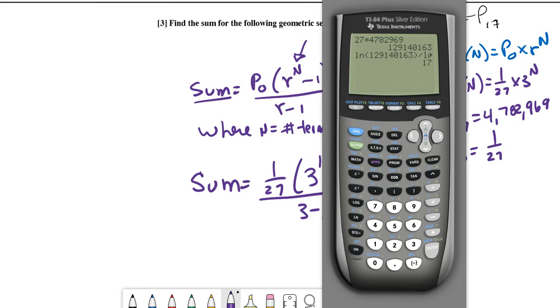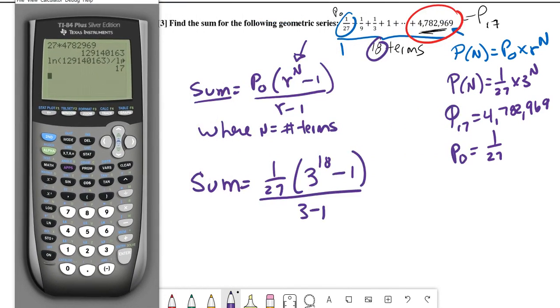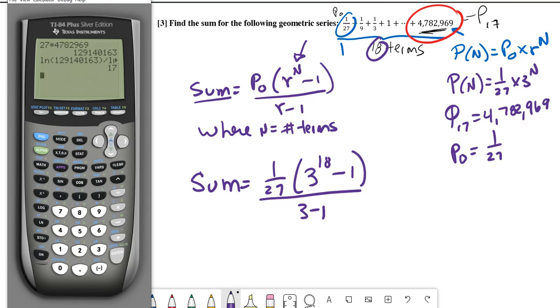And now we can go back to our calculator. So 1 over 27 times 3 to the 18th power.